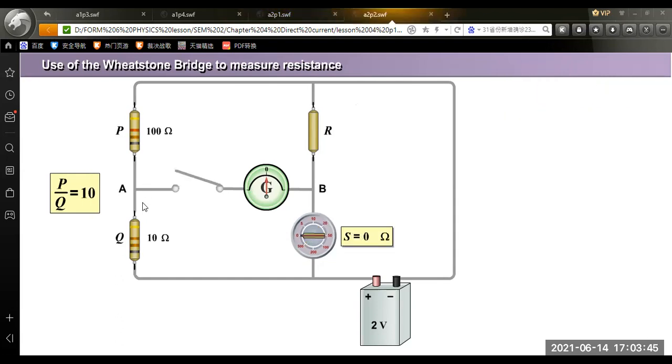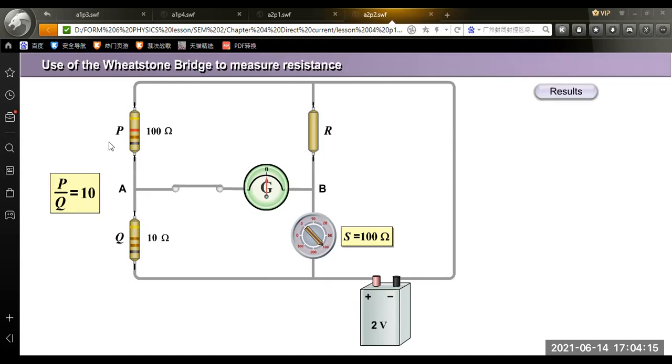Students, let's observe the diagram again. Now 100 over 10. If P over Q is equal to 10, that means we adjust until I get the reading of 0. The resistance shown is 100, right? That means that P over Q is equal to 10.